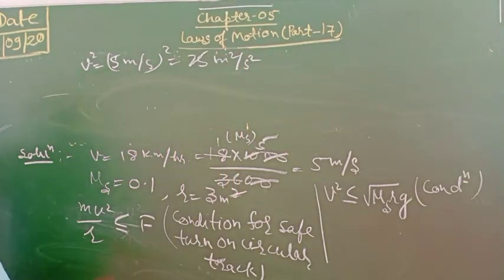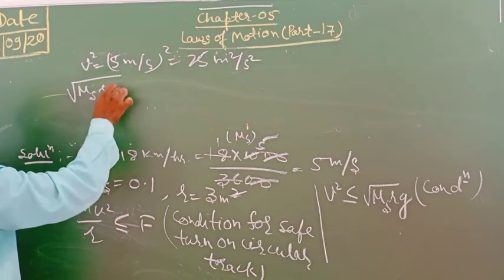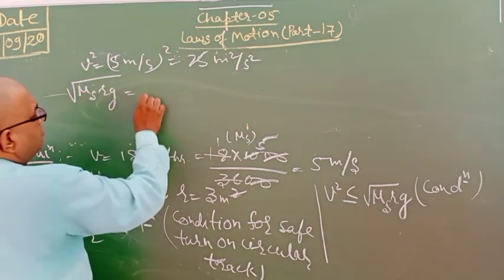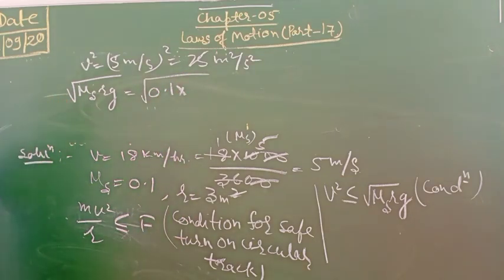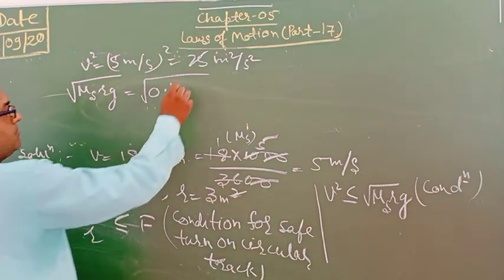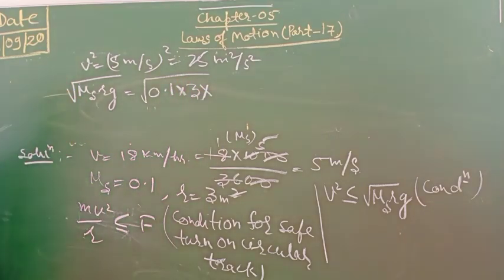And mu s r g is equal to 0.1 into r 3 meter and g 10.